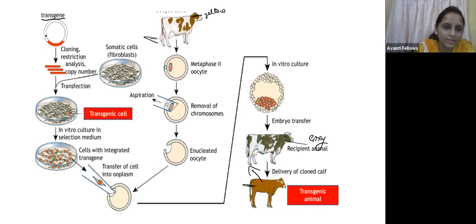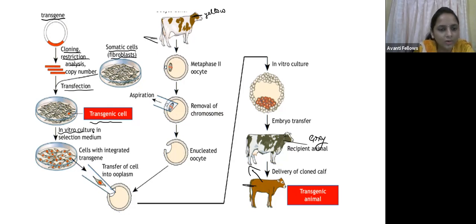Here you can see we have taken a gene, the transgene, cloned it into the vector, and made several copies of it. Then there is the cloning and restriction analysis. Then we took the somatic cells from the fibroblast and transfected them with the transgene.